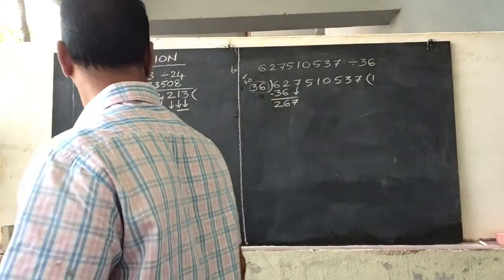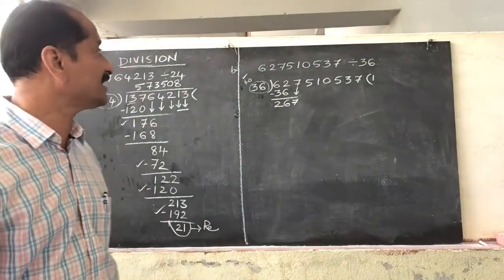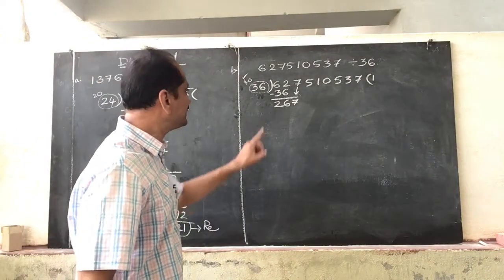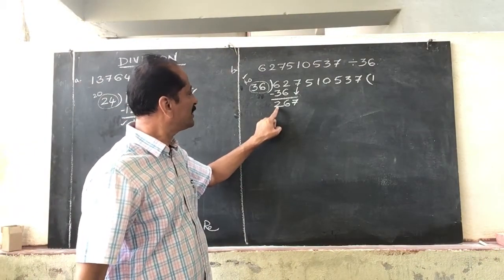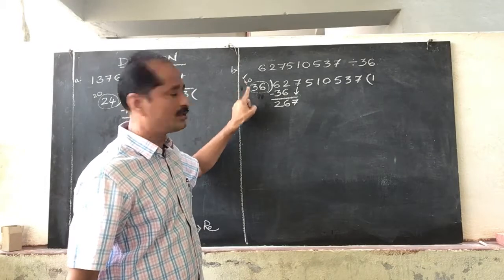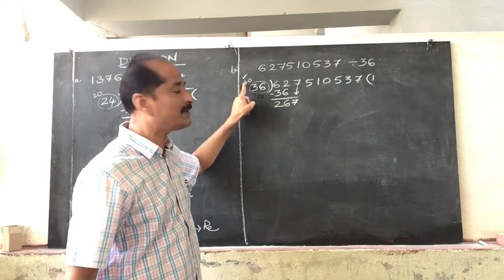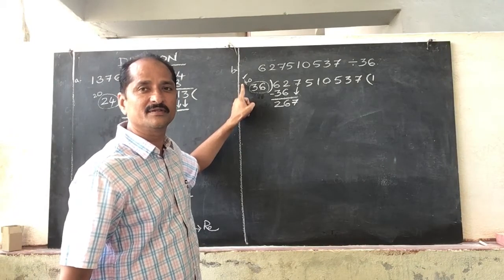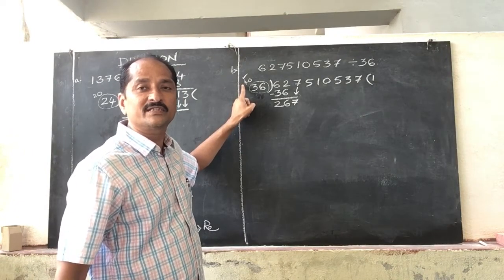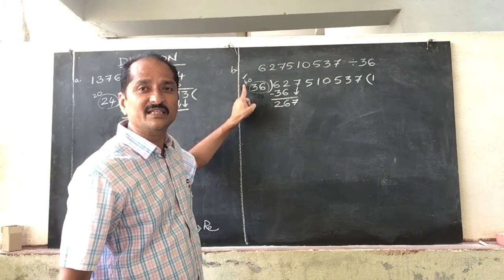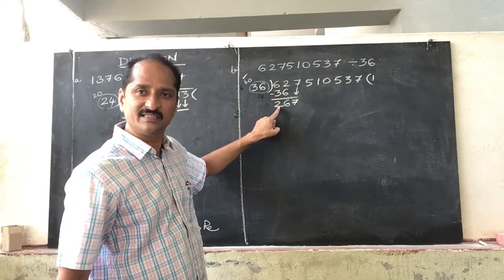So 267. Now check carefully. The first digit of the dividend is 2. Is it divisible by 4? No. Now take 26, the first two digits. Is 26 divisible by 4? How many times? 4 sixes are 24, 4 sevens are 28. 28 means 7 times. Is it divisible 7 times?